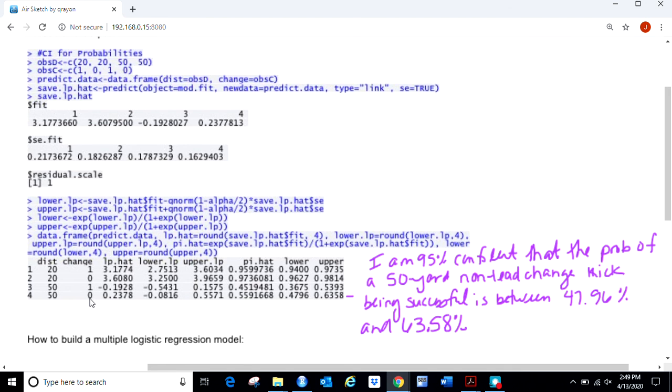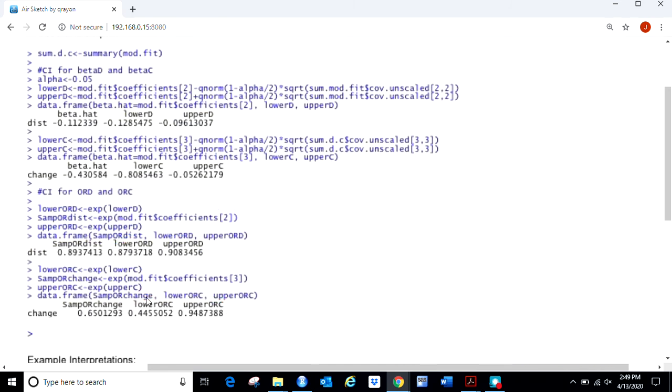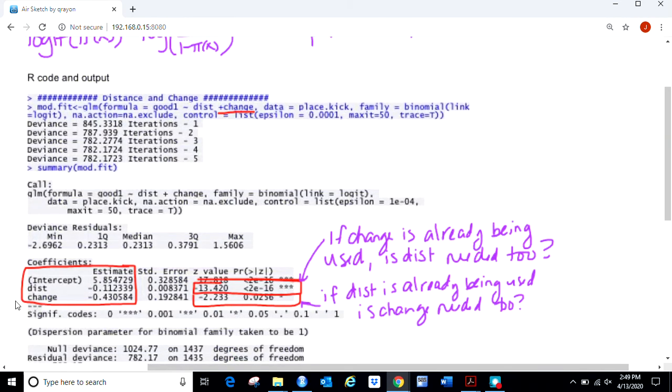Once we have multiple explanatory variables, we can have even more explanatory variables. So a quick takeaway: when you first originally fit your model, pay attention to the order you list things in, because distance is now going to be the second element, change is going to be the third element.